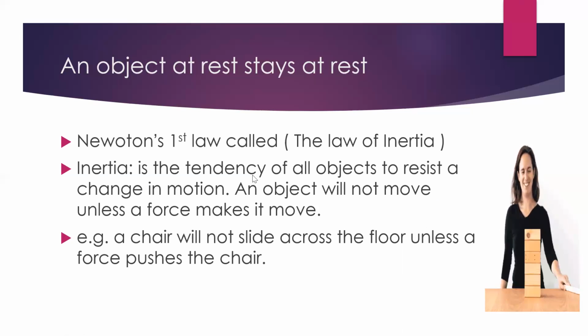So this is the first law of Isaac Newton, the first law of motion, that all objects at rest will remain at rest and moving objects will still move, same speed, same direction, unless unbalanced forces are applied on it.